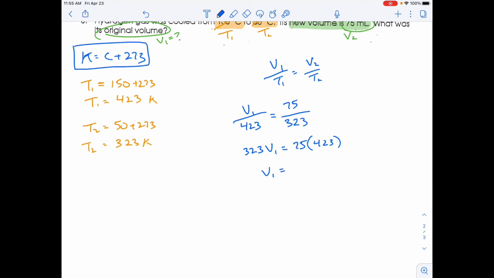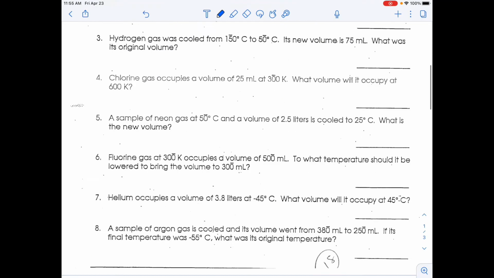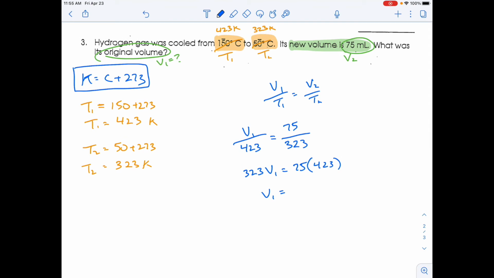And you solve for the new volume. I get 98.2, which I'm just going to round to 98 milliliters. And again, if I used milliliters for my original volume, my new volume must be in the same units. Okay?